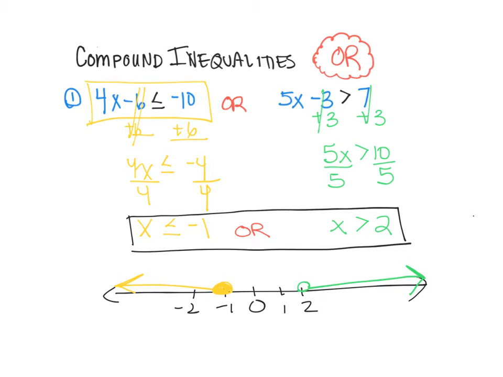So any numbers over here, including -1 and anything less than it, are possible solutions, or any numbers that are slightly greater than 2 all the way to this side are possible solutions.